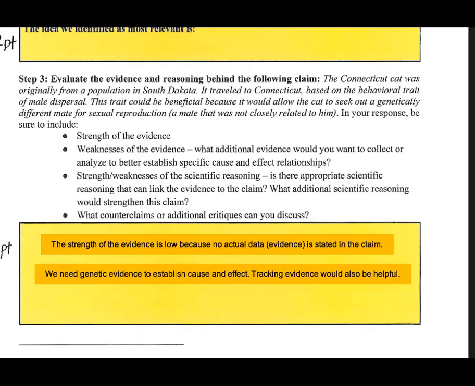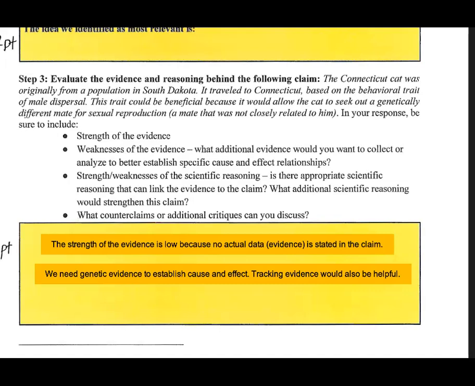Well, first of all, the concept of dispersal, leading the male to seek out a different mate, this is basically a strong biological principle, because of survival of the fittest, getting genes that can strengthen your genetic line. So my third bullet is, there is.